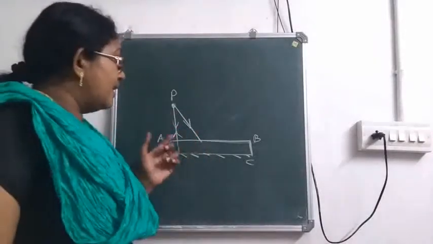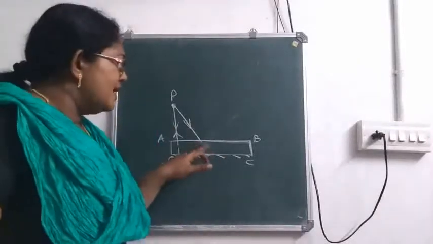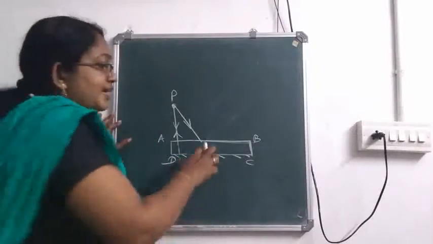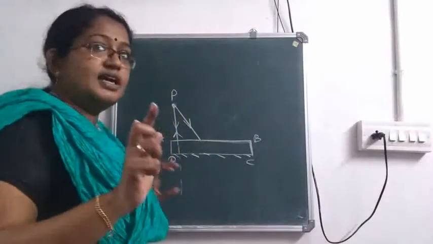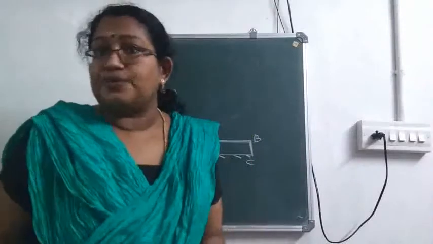So, a light ray hits on the surface AB obliquely. Now, what happens is, when a light ray hits on a surface, it can be reflected as well as refracted.